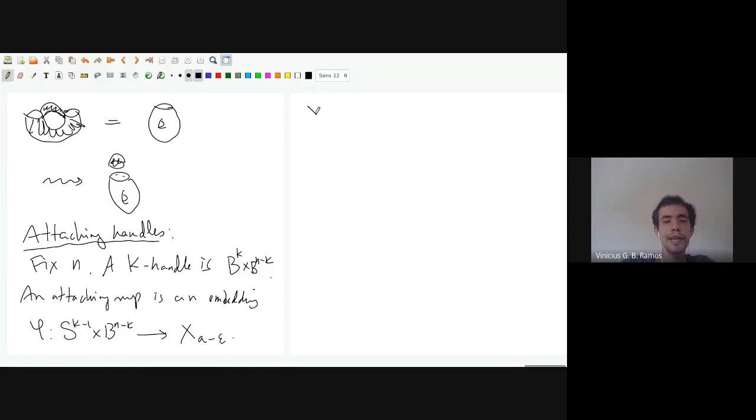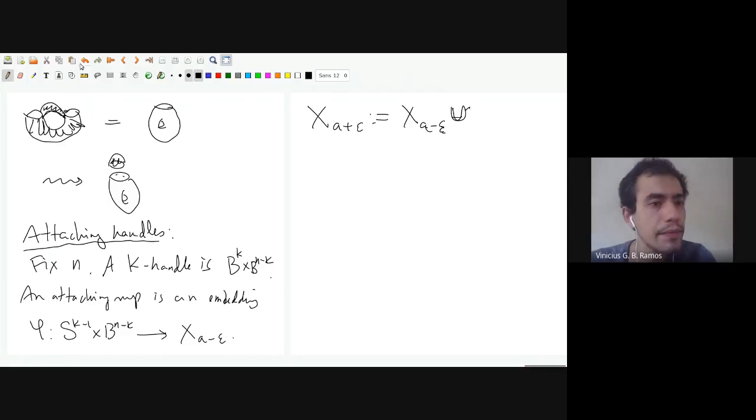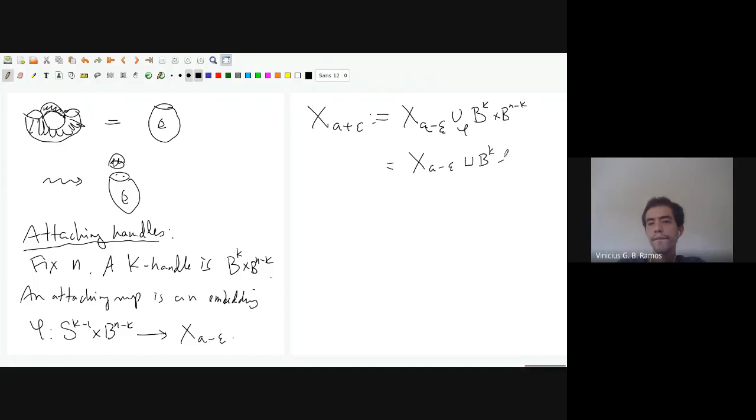And then the attached manifold will be X_(a-ε) union your handle, where the union is taken using the attaching map. That's the same as taking the disjoint union and quotienting by the map where x is identified with phi of x.